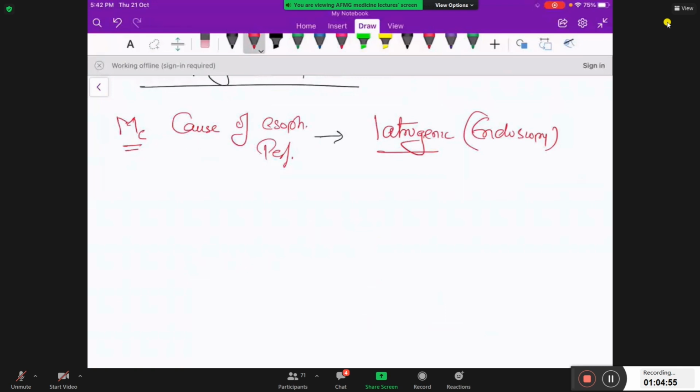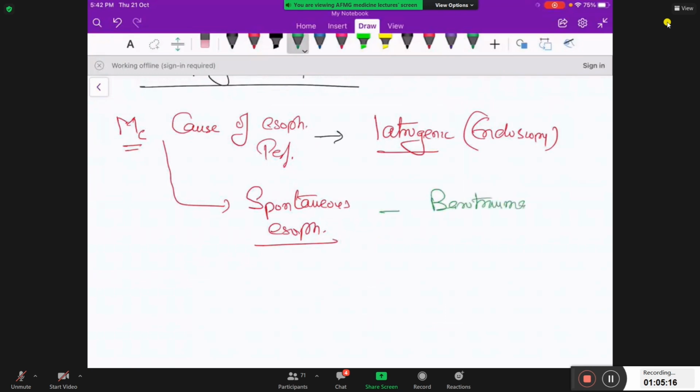If you are asked what is the most common cause of spontaneous esophageal perforation, it is barotrauma of the esophagus, also called Boerhaave's perforation.